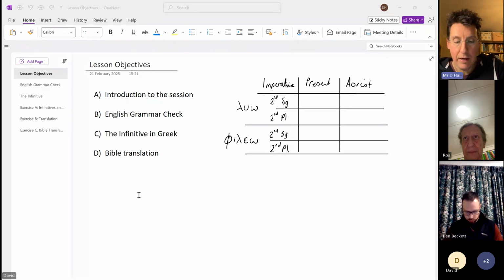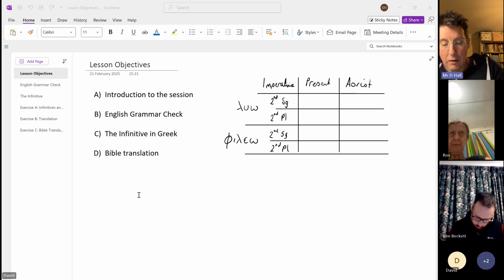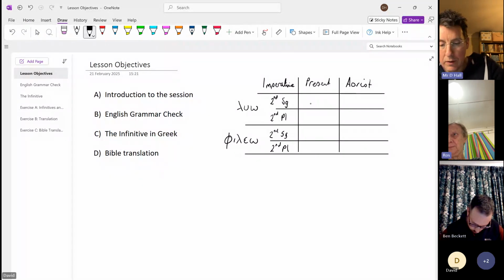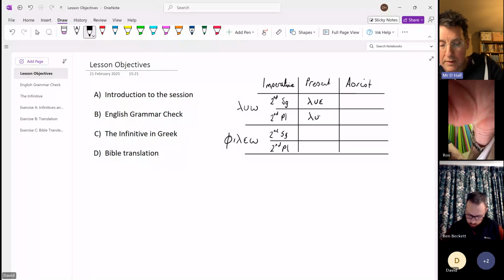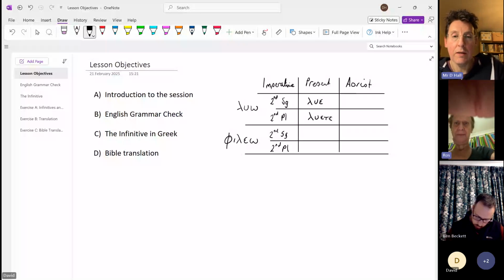We had a way of being able to indicate if we wanted to command somebody or to request or to plead with somebody to do something. And so we had a look at that. So luo, we will remember went to lue, and then the second person plural was luete, and of course that is identical to the present second plural.